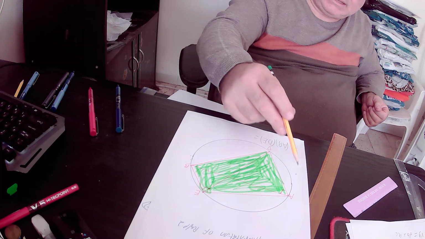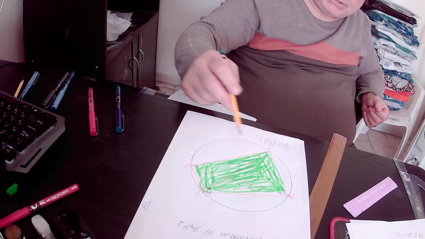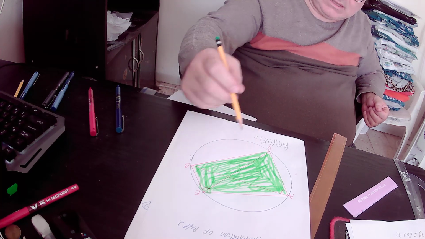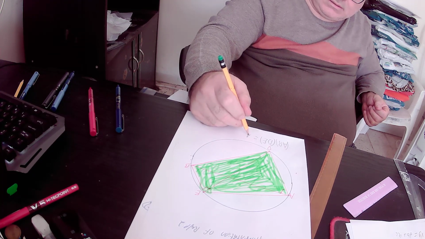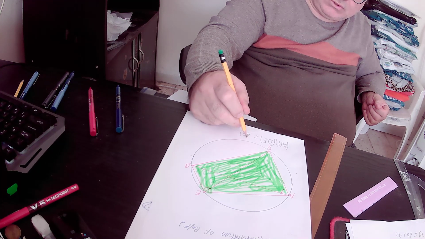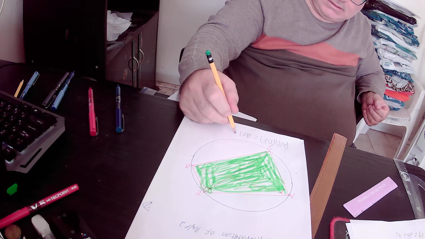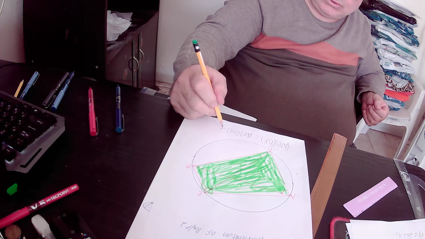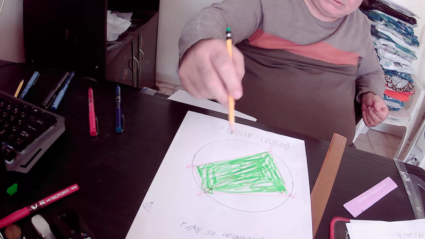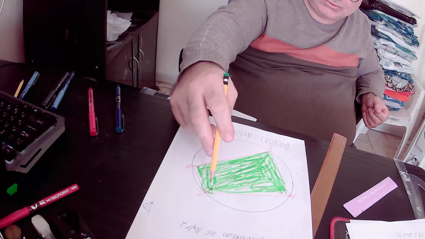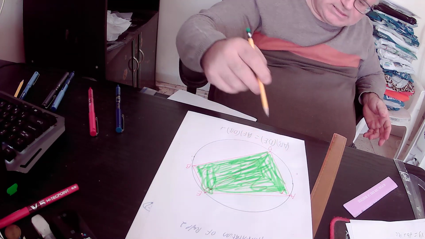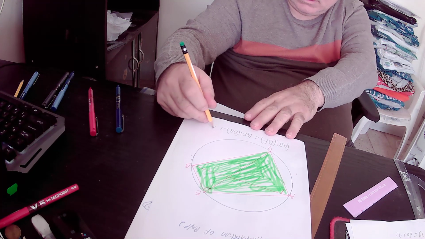We have side AE that is opposite to side DB, and the product of those two sides is AE times DB. That is the first product of the opposite sides. And the second product of the opposite sides, we know that side AD is opposite to side EB, and the product of those two opposite sides is AD times EB.